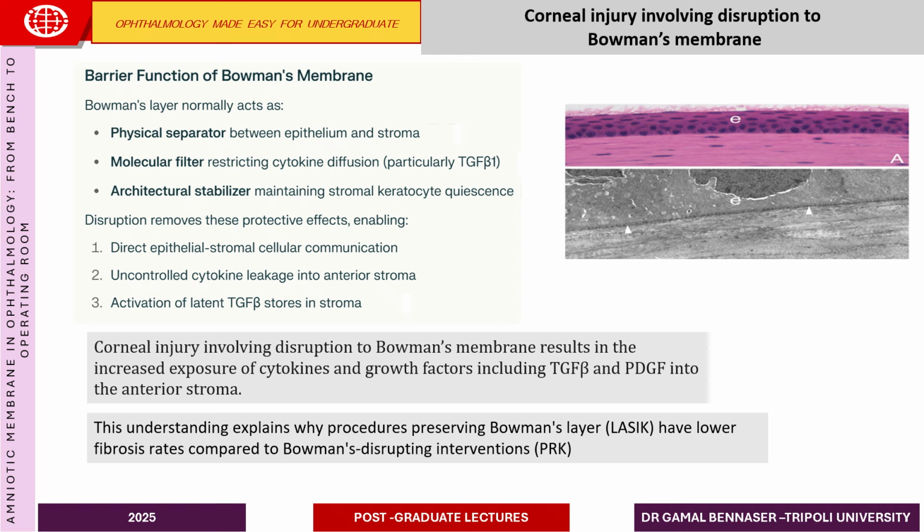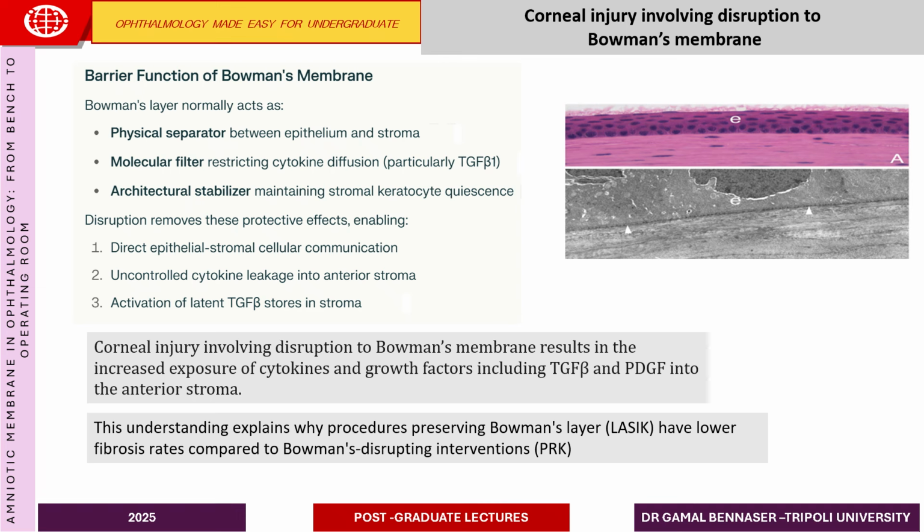Now, the role of the amniotic membrane in this type of inflammation is that it acts with a Bowman's membrane-like effect. They found that early application of the amniotic membrane in these cases minimizes the haziness and the fibrosis seen in the stroma after disruption of the Bowman's membrane.